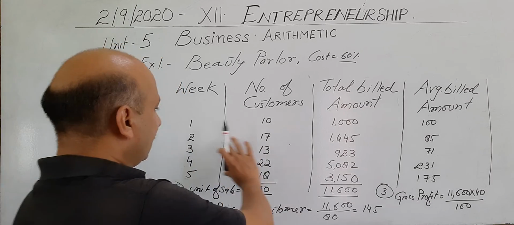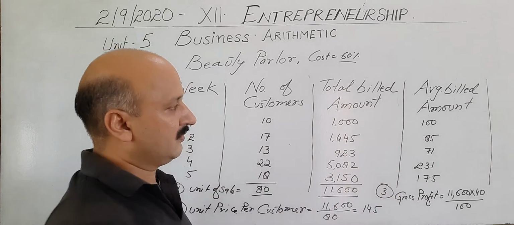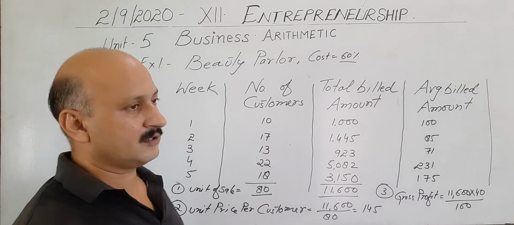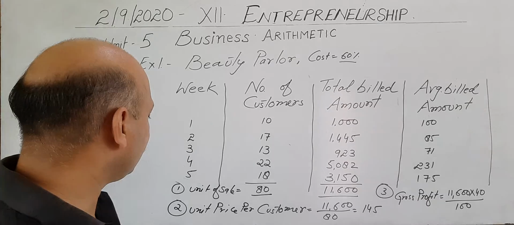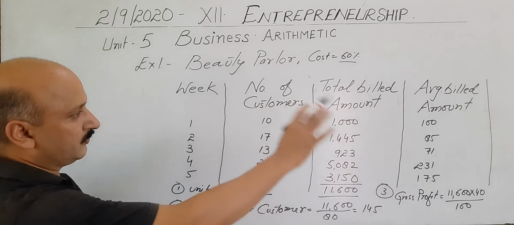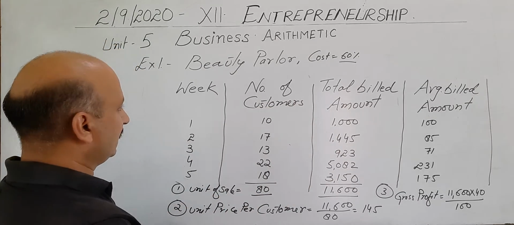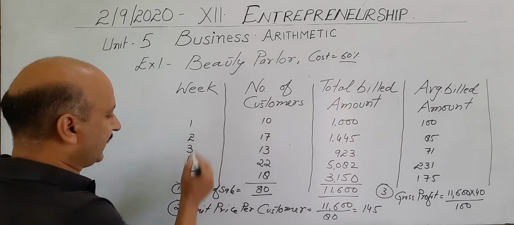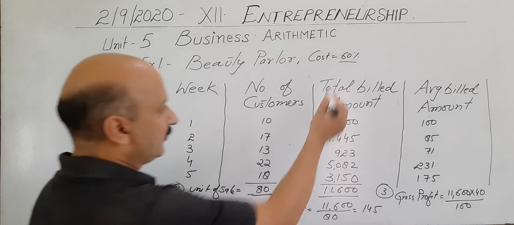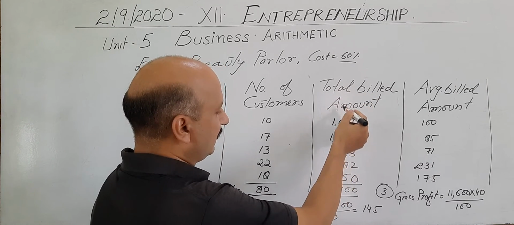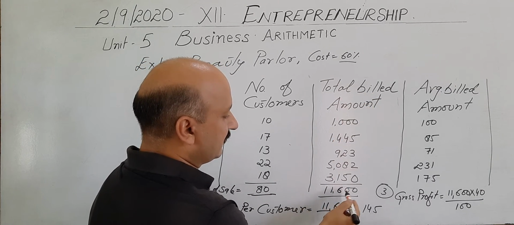Similarly, for all the weeks we have calculated all the things. This example is given in your book and at last we have totaled it. So the number of customers for 5 weeks will be 80 and the total billed amount will be 11,600.